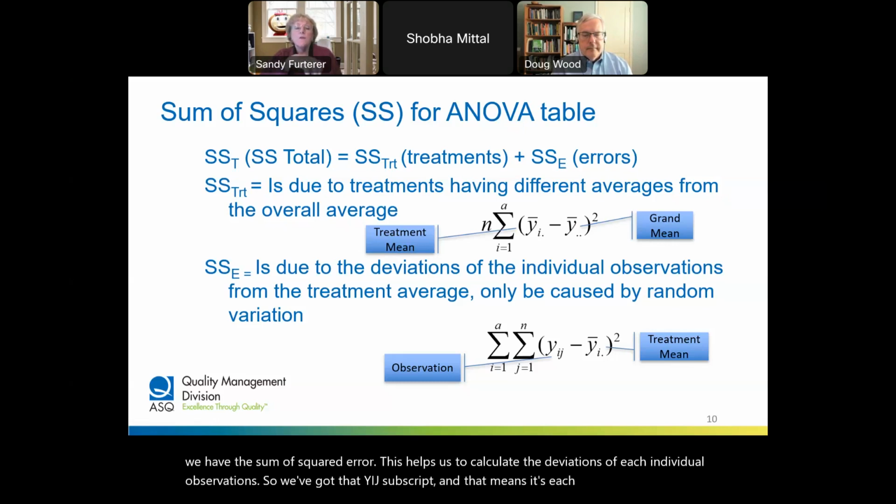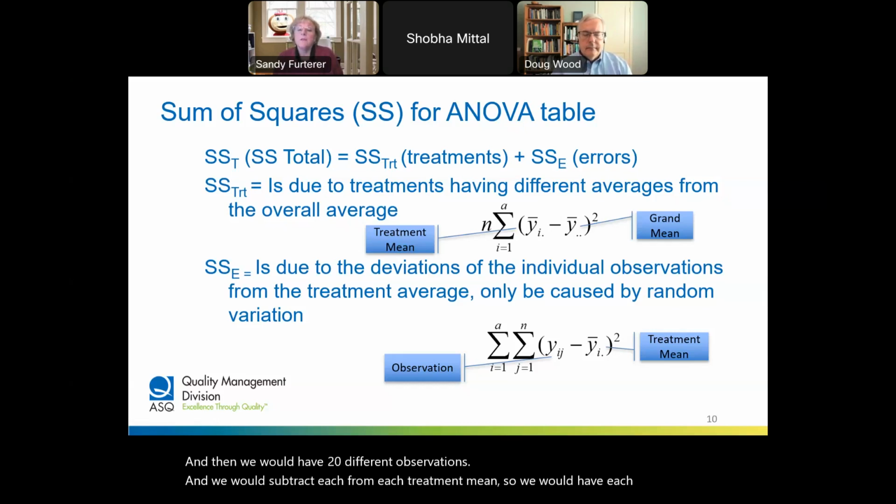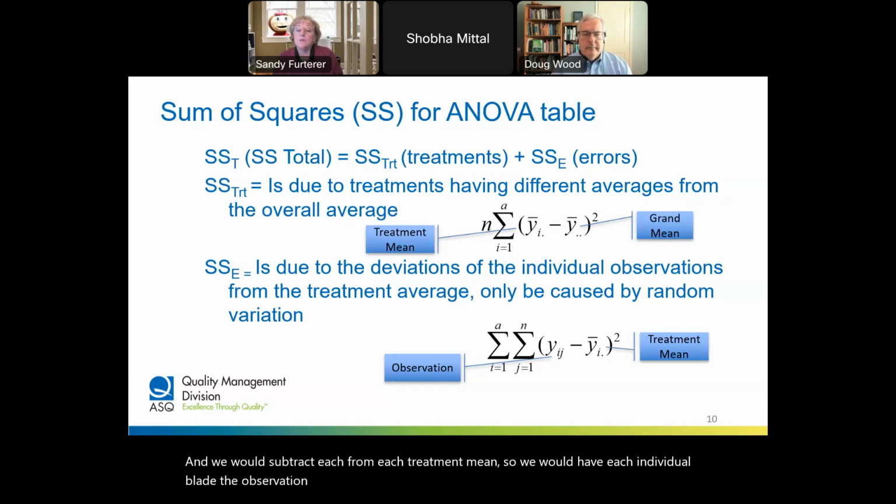If we have 4 treatment means and we run it 5 times, 5 replicates each, then we would have 20 different observations, and we would subtract each from its treatment mean. So for each individual blade, the 5 observations for that blade are subtracted off of the mean of that blade.